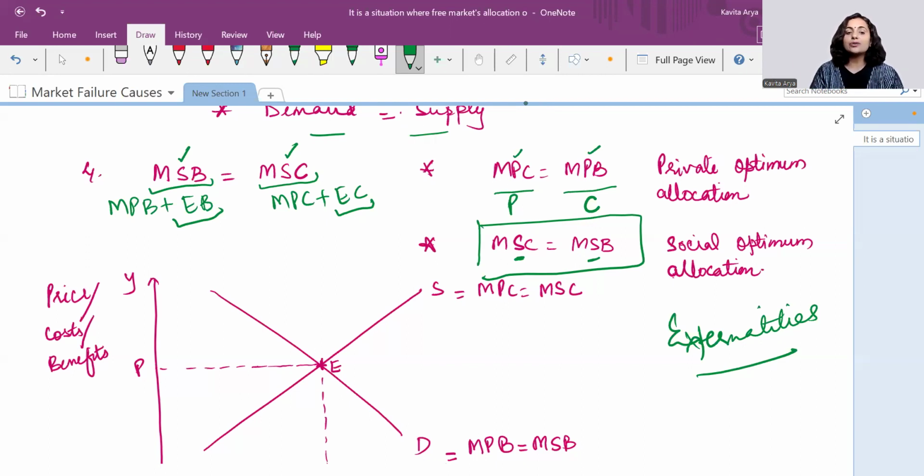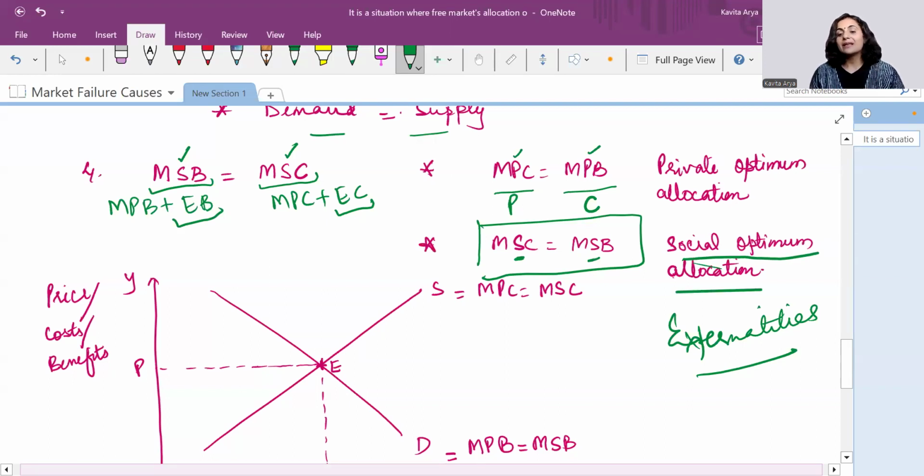So if marginal social benefit and social cost are equal, then the allocative efficiency is at its best, and that is called social optimum allocation. When it is an understanding between the buyer and seller, it's private optimum allocation. But when we take into consideration the society, the external environment as a whole, it is social optimum allocation.